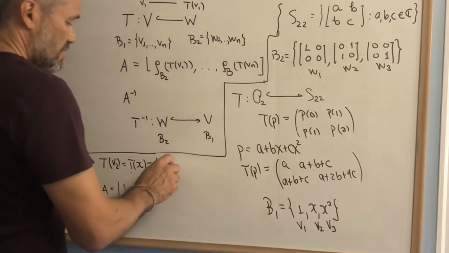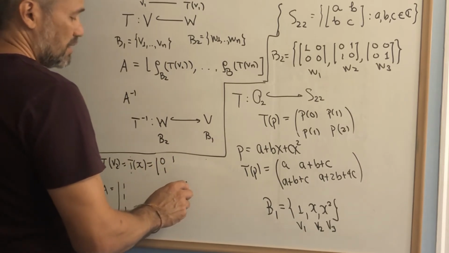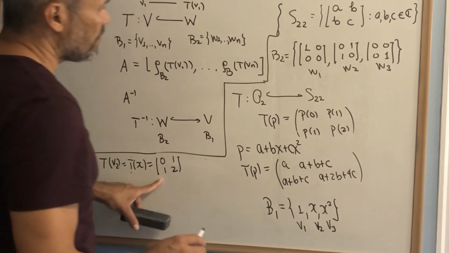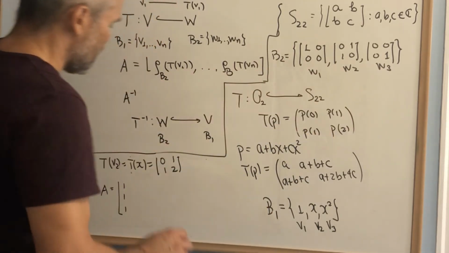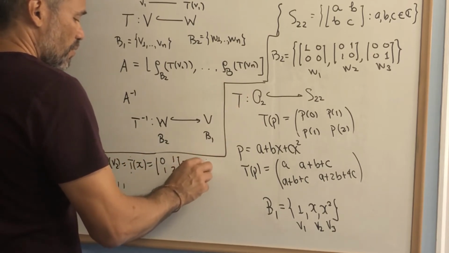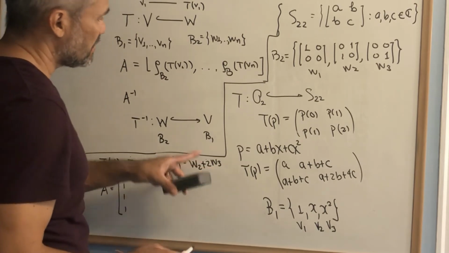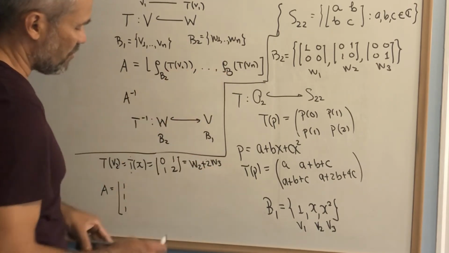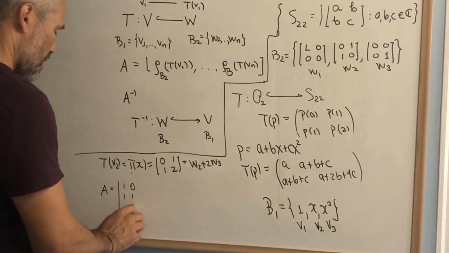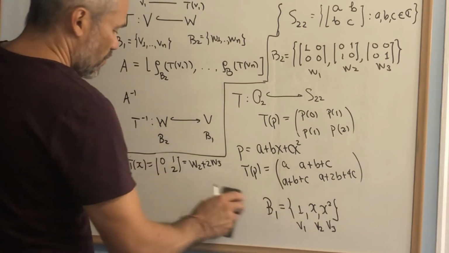Then we have the matrix 0, 1, 1, and 2. How do we write this matrix as a linear combination of these three? It's just w2 plus 2 w3. What are the weights, so that we can find the coordinates? The weights are 0, 1, and 2.